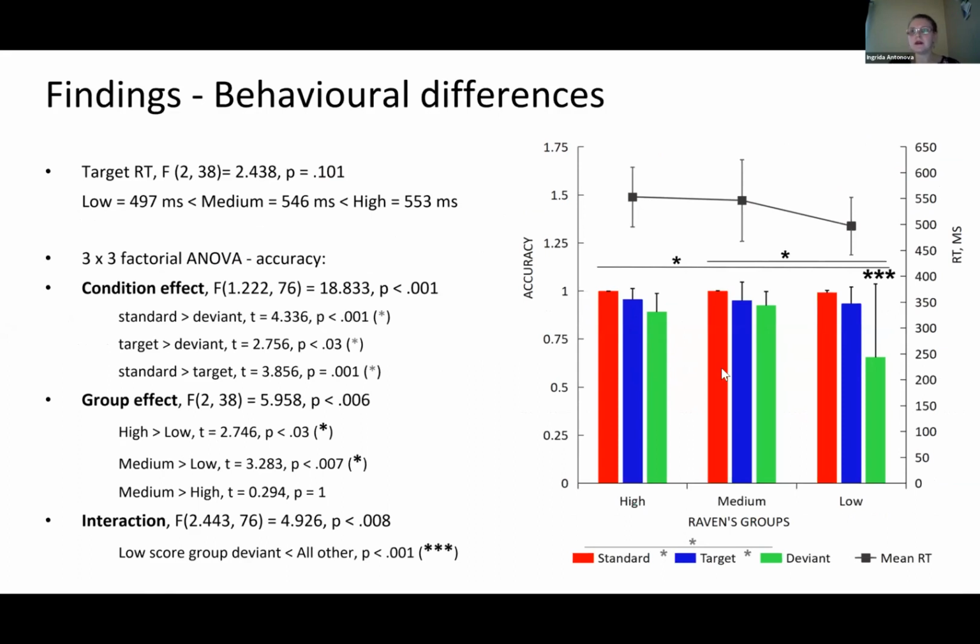And also, the low score group had significantly lower accuracy compared to the medium score and high score groups, while, as in the microstate analysis, these two groups did not differ in accuracy. And these differences were driven by significantly lower accuracy in the deviant condition in the low score group.